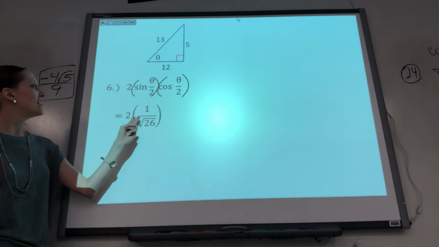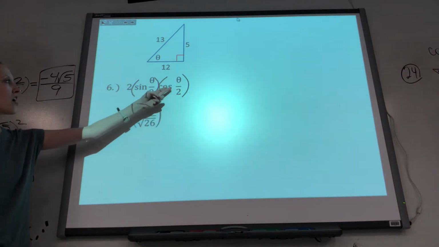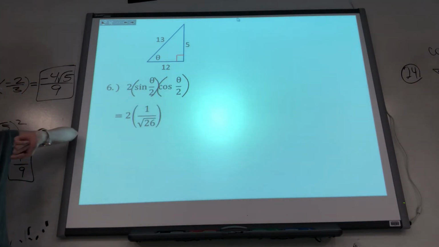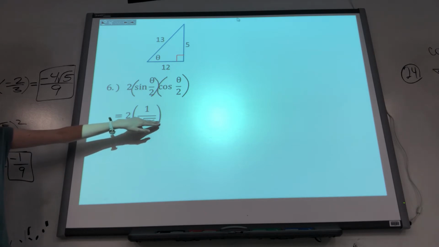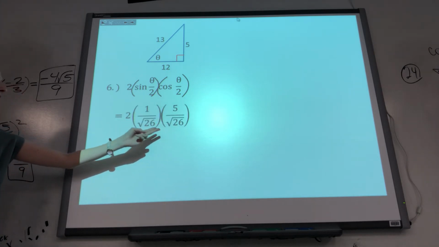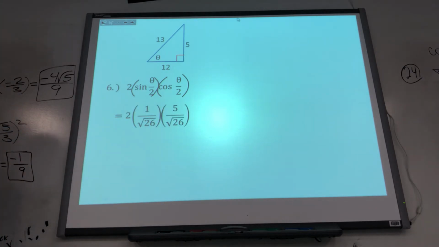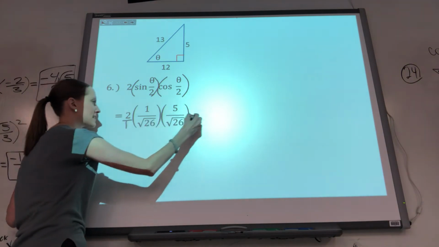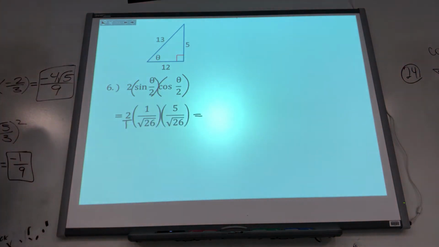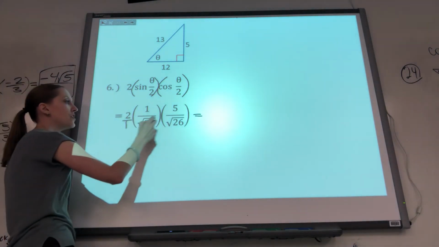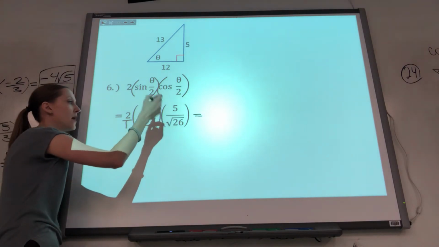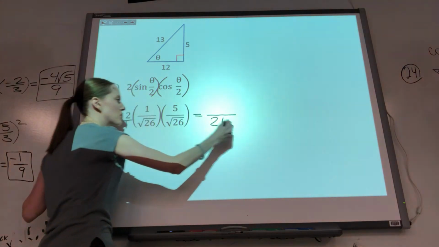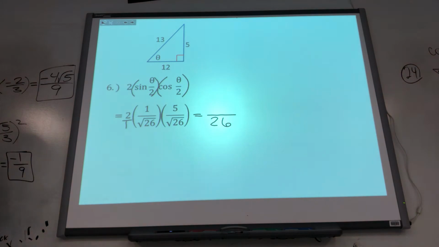And then next part here, cosine of theta over 2, I need to plug in, I wouldn't go 5 square root of 26 over 26. I would just go 5 over square root of 26. It's like what I showed you the other day. If you use these fractions, then they pretty much rationalize themselves.